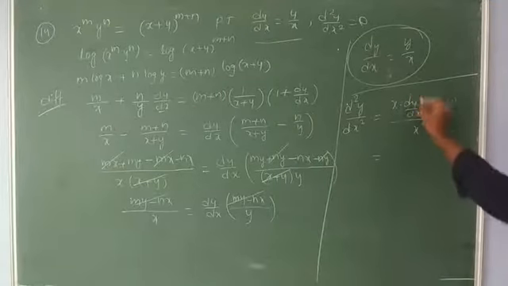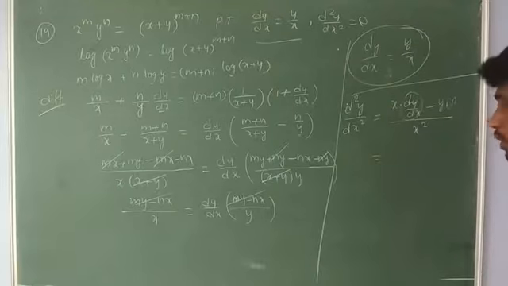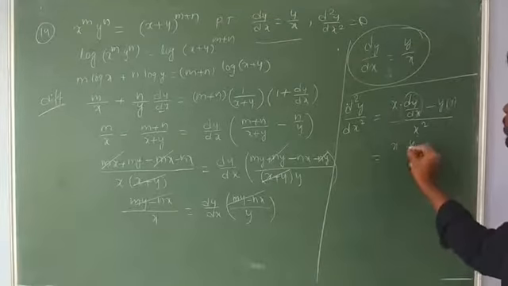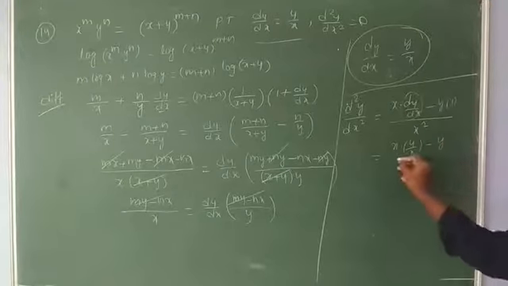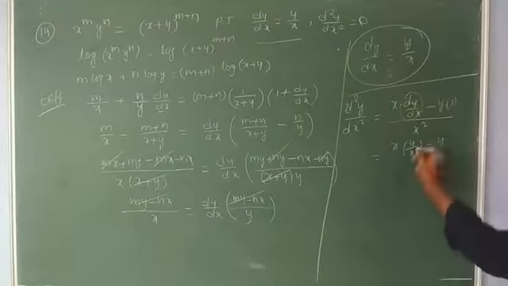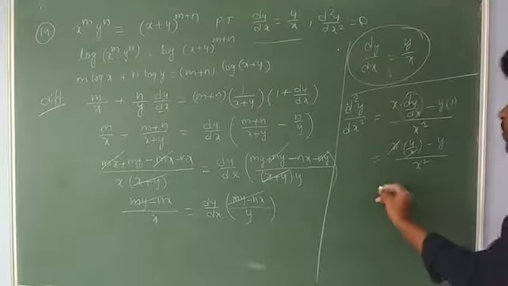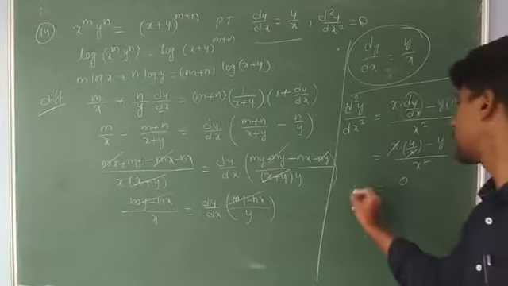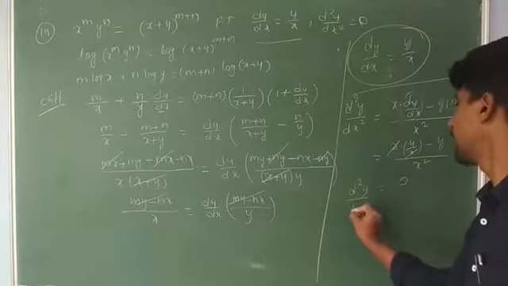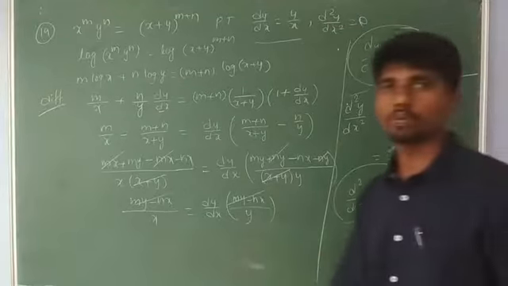Now we have dy by dx value, which is nothing but y by x. Substitute x into y by x minus y by x square. X and x gets cancelled, remains y minus y, which is nothing but 0 by something, 0. So what we got, d2y by dx square is equal to 0.